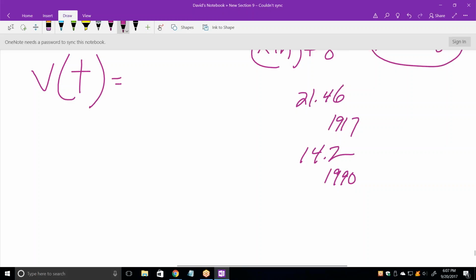It's not usually going to be x. And what's V of t equal to? It says 0.4968x plus 14.8715.